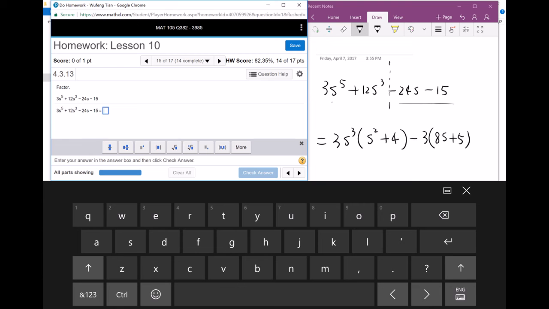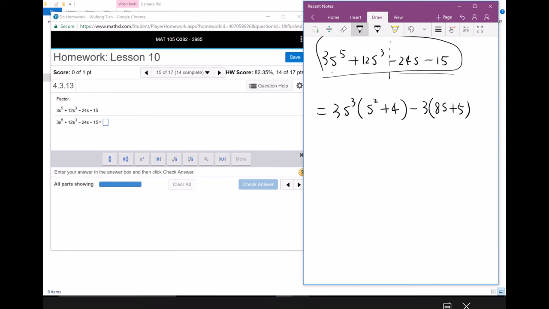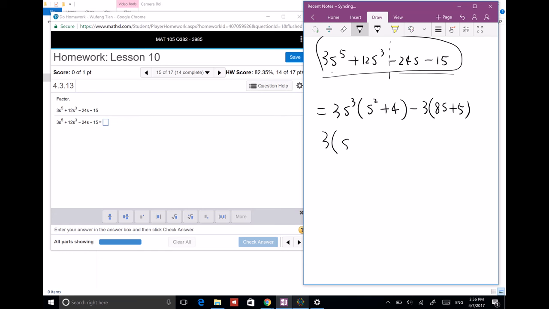Since that is not the same, so the only common factor we factor out is a 3. s^5 plus 4s^3 minus 8s plus minus 5. We can't do the group method because this is 1 and 4, this is 8 and 5.